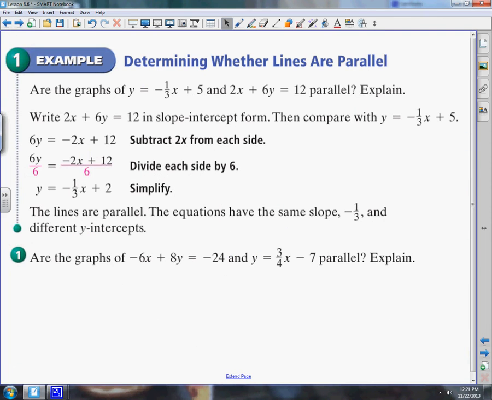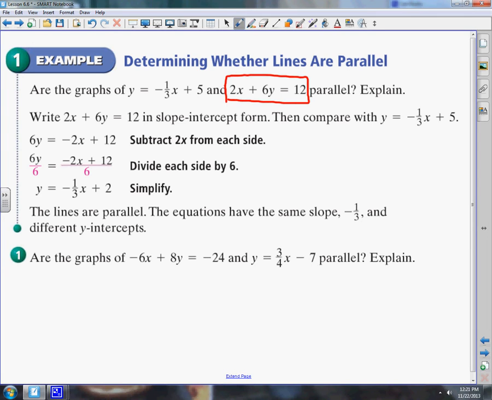So, determining whether lines are parallel. Are the graphs of y equals -1/3 x plus 5 and 2x plus 6y equals 12 parallel? And explain. So here's what they did. They figured out that this second one is in standard form.